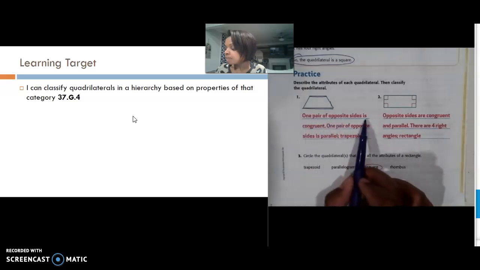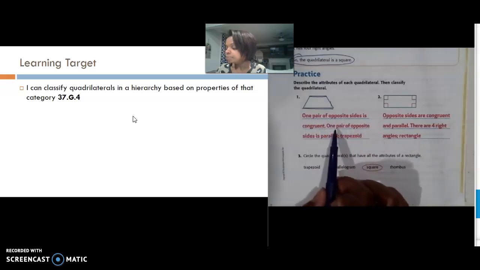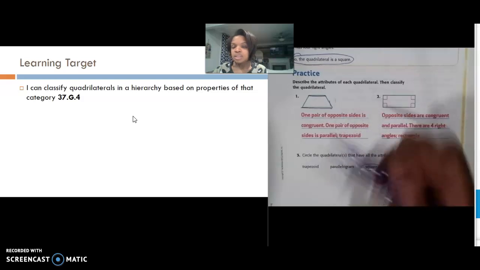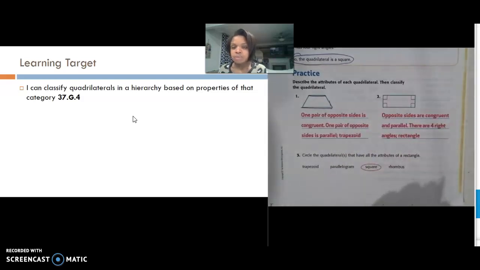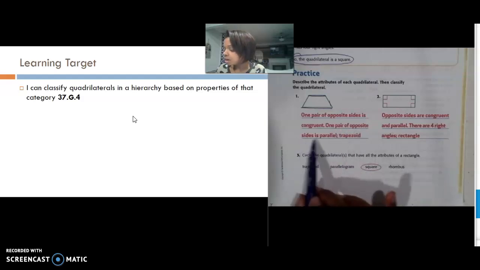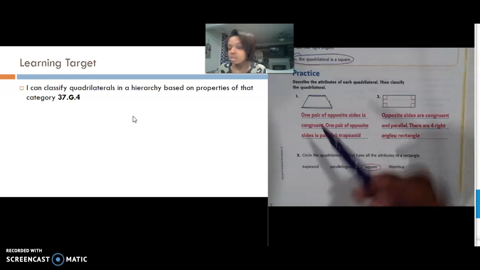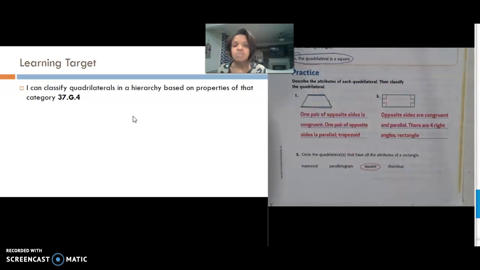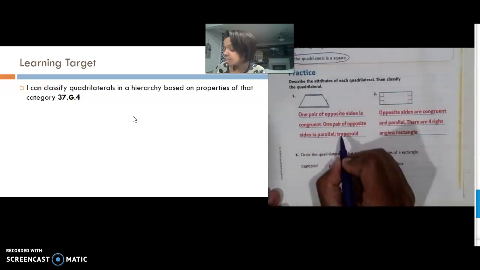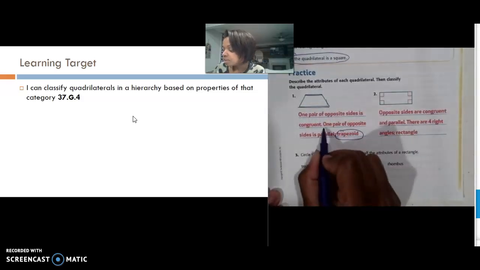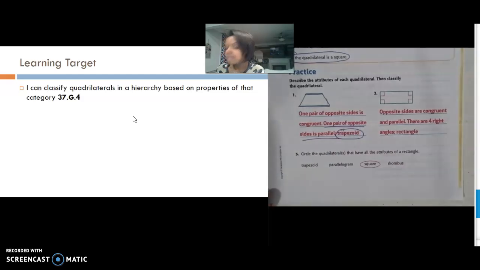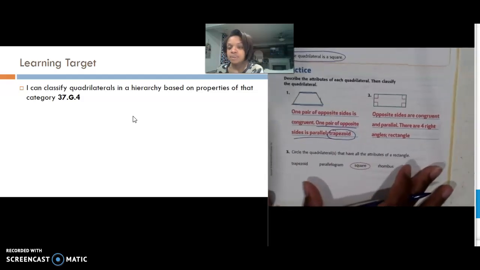So 1 pair of opposite sides is congruent. So these sides are congruent. That really doesn't make a difference. You can have a right trapezoid that doesn't have congruent opposite sides. 1 pair of the sides is parallel, so just 1 set, and that's really what we're looking for to determine what this shape is, and it is a trapezoid. So this is the most important: 1 pair of opposite parallel sides, okay?